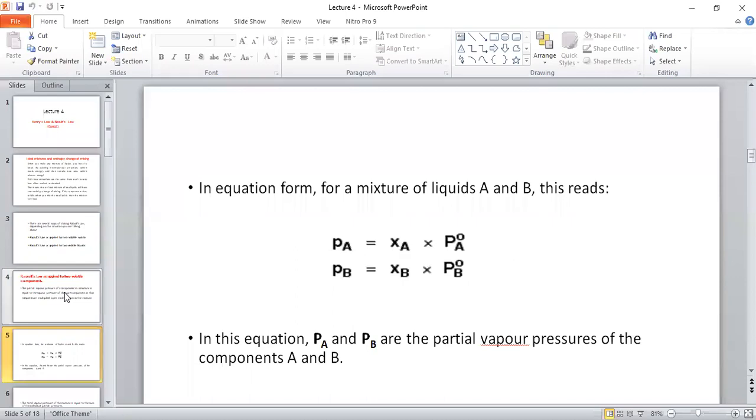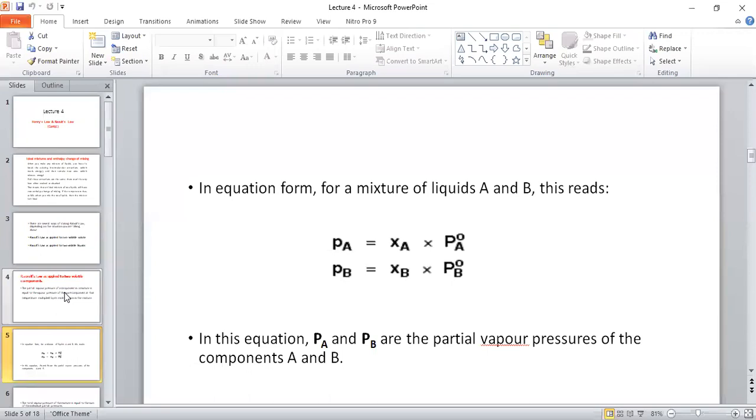In this equation, PA and PB are the partial vapor pressures of the components A and B. When you combine these two partial vapor pressures of the different components, you will have the overall vapor pressure, no longer partial.